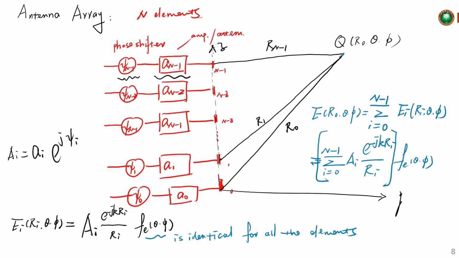Here, this one is measured from the y-axis, the theta angle. So this angle is the elevation angle, theta, because the length of the array is much smaller than the distance R. So all the angles we can call theta, for example, here. And so now we know R node.